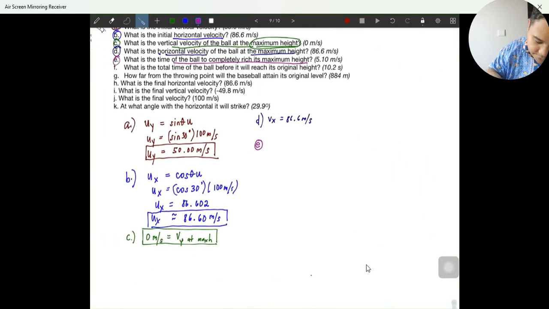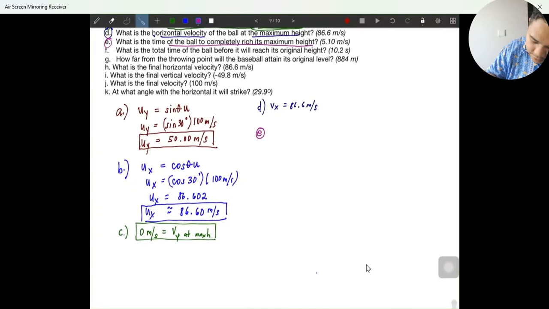Now solve for the time. Time is negative uy over g. Solving for that, this is the uy, so we have 50 meters per second divided by negative 9.8, so we put negative.